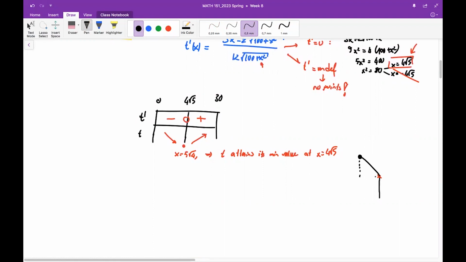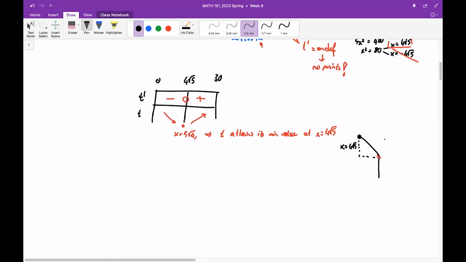And we solved for x, right? x is 4 square root 5, which gives the minimum value for the time function. Then this length here, remember, from here to here, it was 30 meters. Then this part becomes 30 minus 4 square root 5. And yeah, that's it. This is the answer.